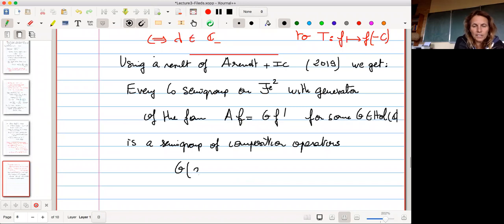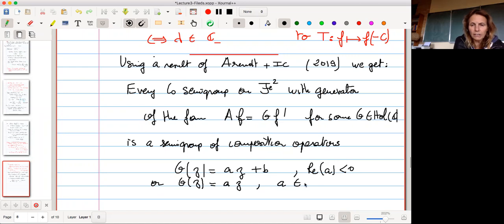The g has the form az plus b with the real part of a negative, or g equal to az, where a is a pure imaginary complex number.